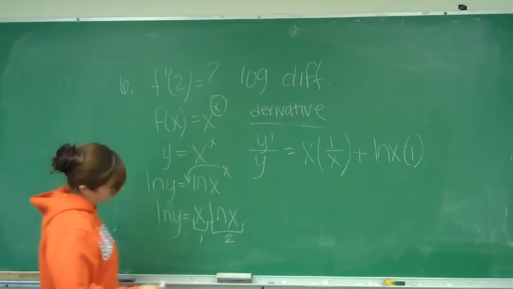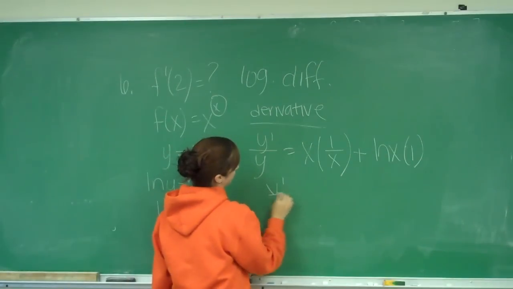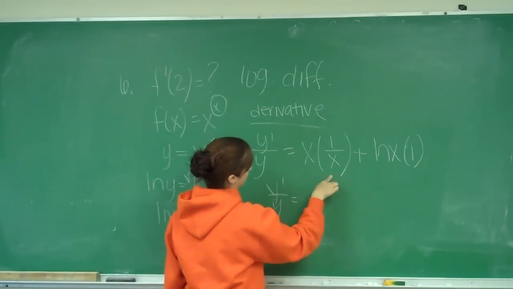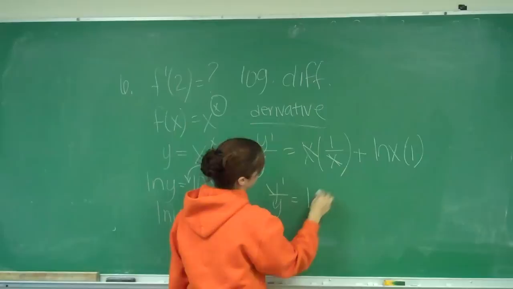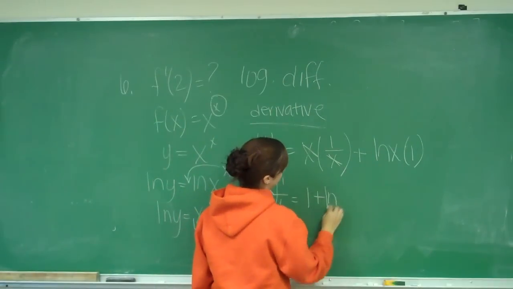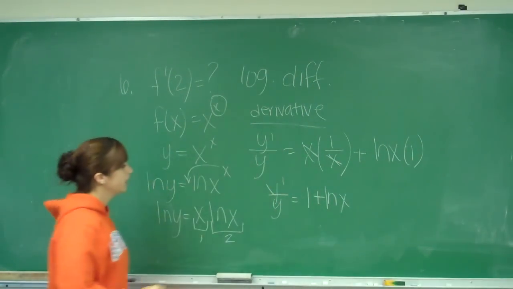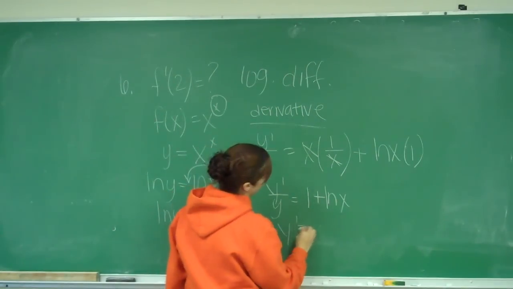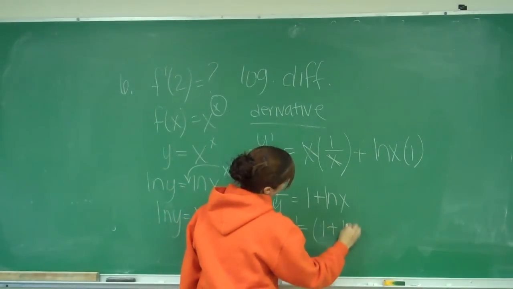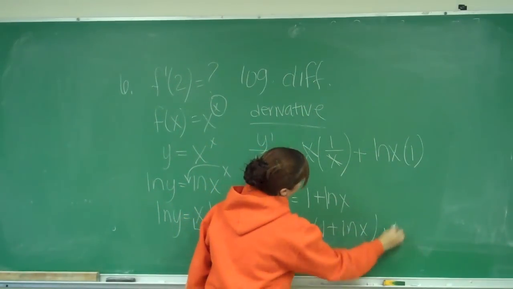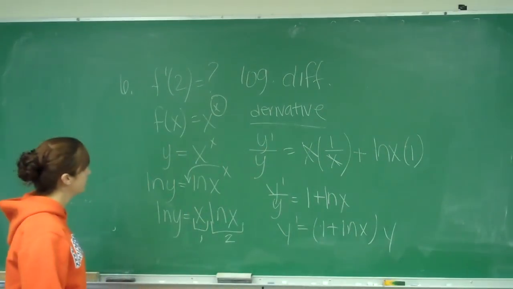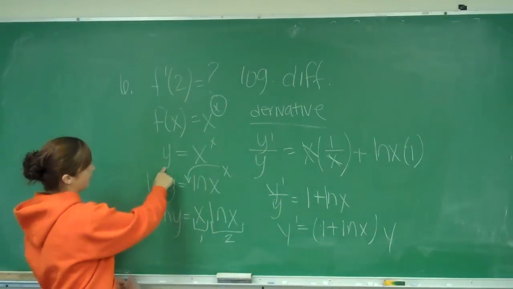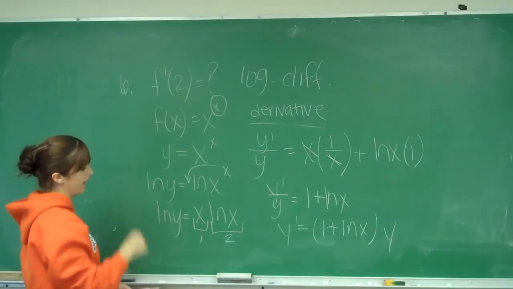Okay. And now I simplify, so I have y prime over y equals, these cancel, we just get 1 plus ln of x. And now I need to multiply by y, so I have y prime equals 1 plus ln x times y. And remember that y was x to the power of x. Okay.